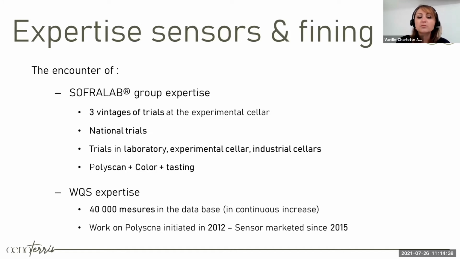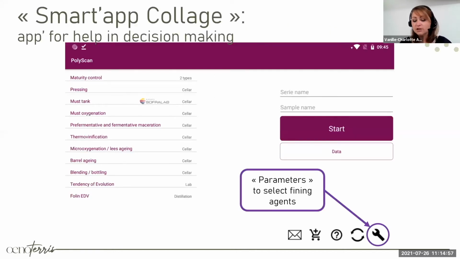WQS has been working on PolyScan since 2012, and the sensor has been on the market since 2015. And all of these trials and expertise and knowledge of our fining agents led us to the Smart App Collage, which is an application that was developed by SOFRALAB to help in decision making.